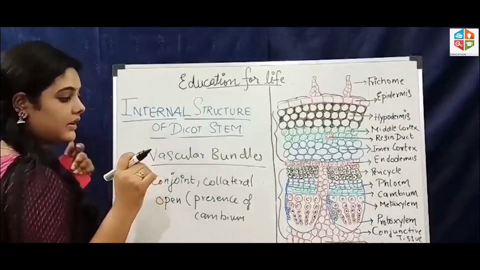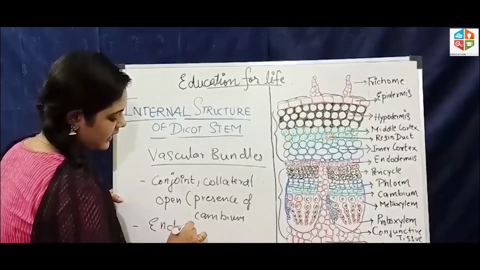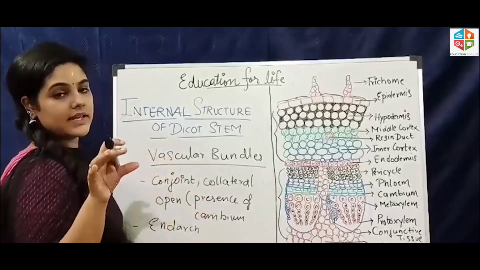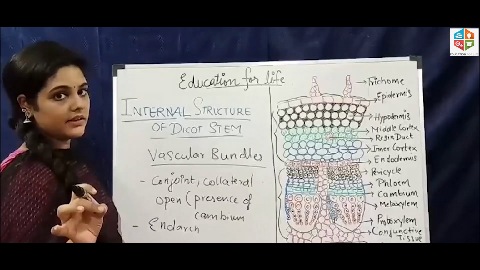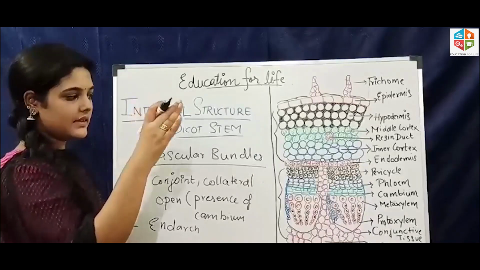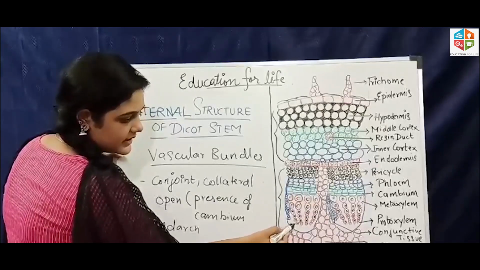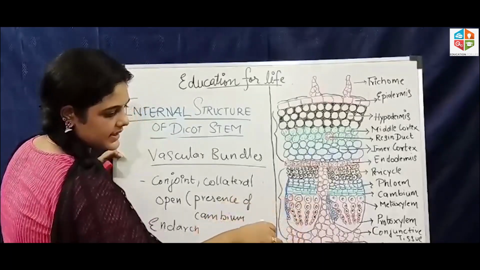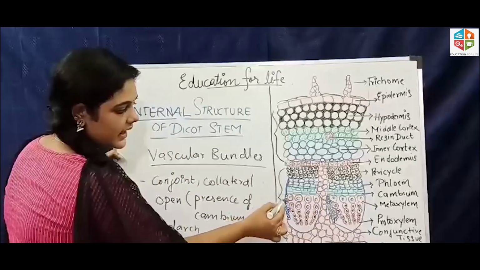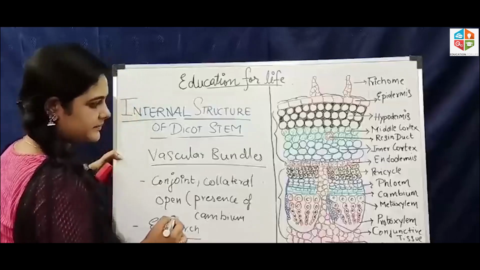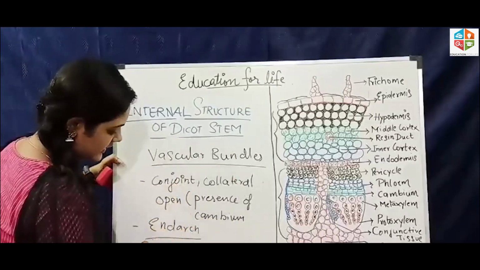Then it is endarch. Endarch means the protoxylem, the primary xylem, is seen in the center, on the inner side, and the metaxylem is seen in the periphery, on the outside.